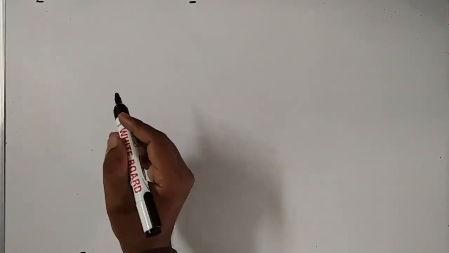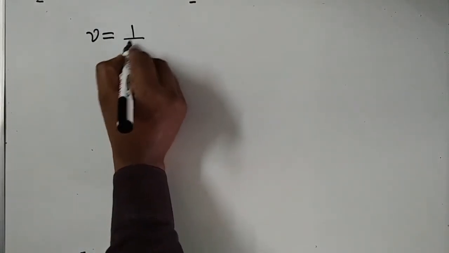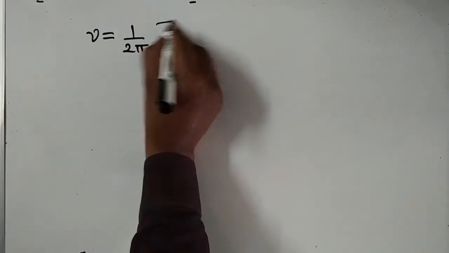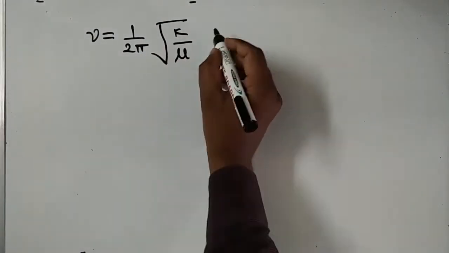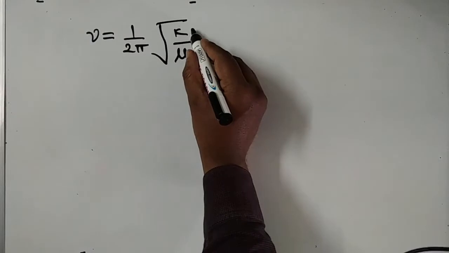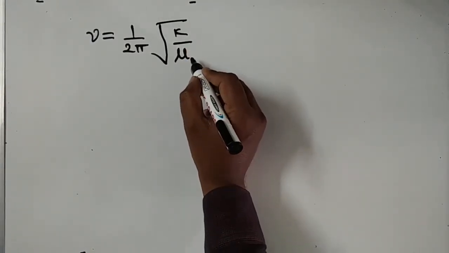First we know the formula for the vibrational frequency. The vibrational frequency of the diatomic molecule is given by nu is equal to 1 upon 2 pi root K upon mu, right? Here K is the force constant and mu is the reduced mass of the system.